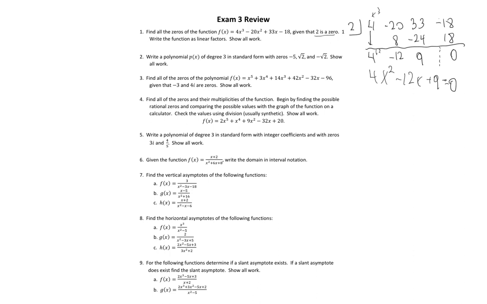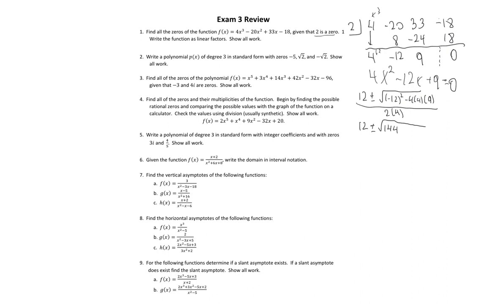Well, I can go ahead and use my quadratic formula. So I'll do negative b, which is going to be 12, plus or minus the square root of minus 12 squared minus 4 times 4 times 9. Negative b plus or minus square root of b squared minus 4ac, and then it's all over 2a, and our a is 4, so 2 times 4. So 12 plus or minus square root. Minus 12 squared is 144.